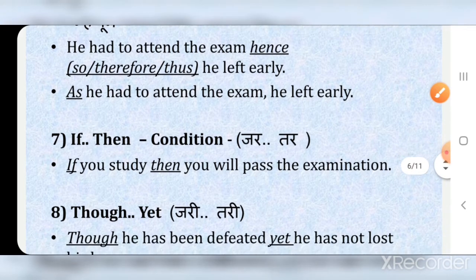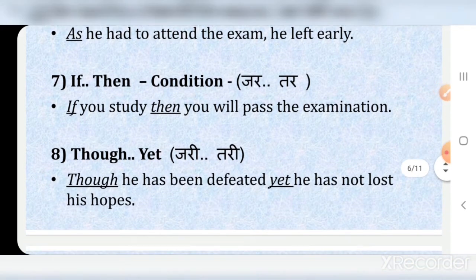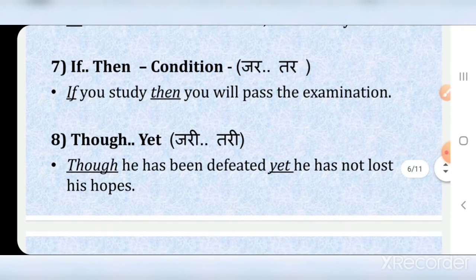Now next, the seventh one, is if then, condition. This is what we call condition. If you study, if something happens, then something will happen. In such scenarios, we use if dot dot then.